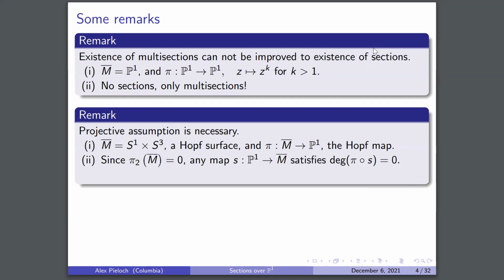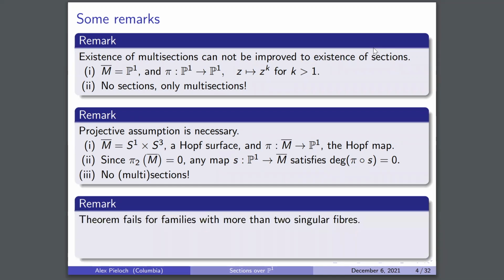You give this to an algebraic topology student, and they tell you that pi2 of this total space vanishes. So just for degree reasons, we can't actually have a map of a section into this total space M bar. If we did, then its degree would be non-zero. So this projectivity assumption is necessary.